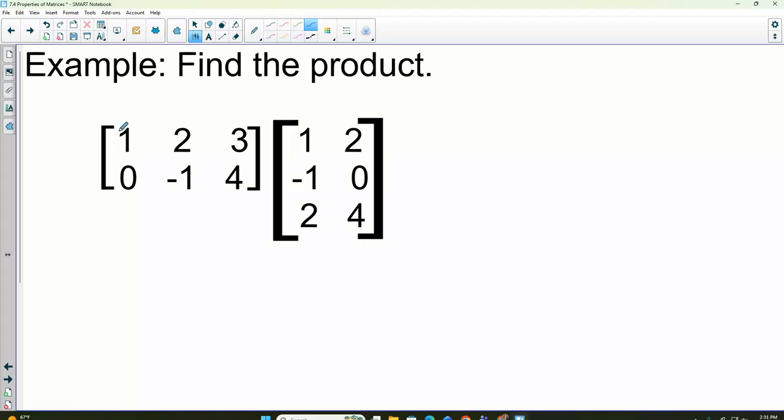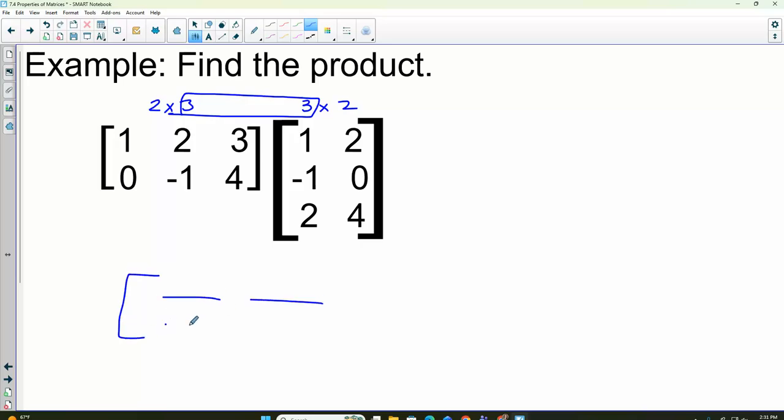All right, what's the size of the first one? 2 times 2. And the second one? 2 times 2. So can we multiply? How big will my answer be? 2 times 3. So I only have to get 4 numbers here.